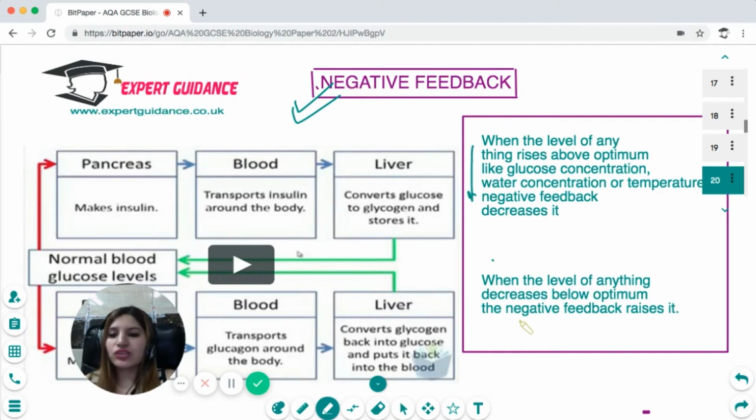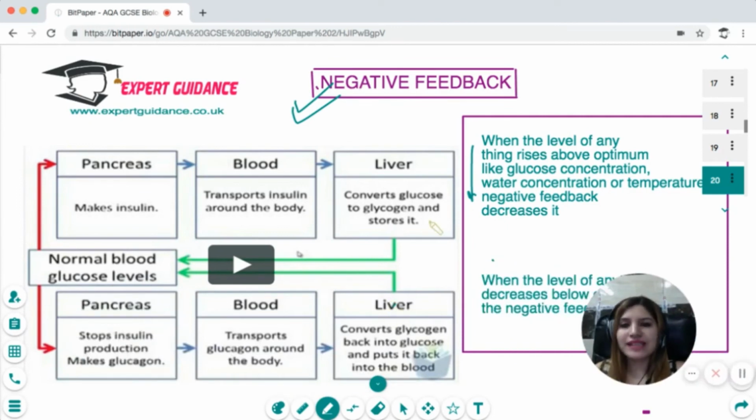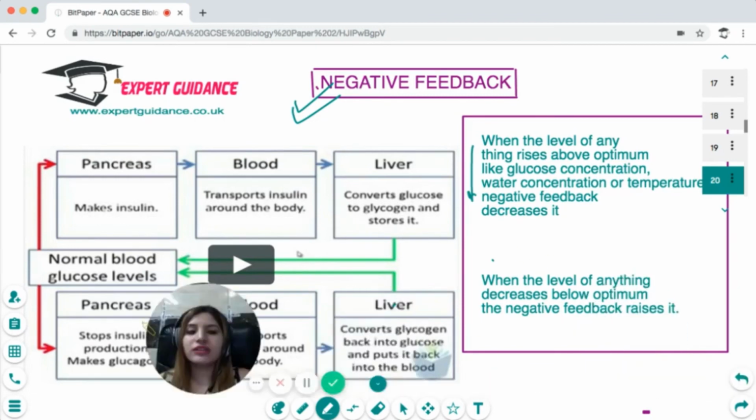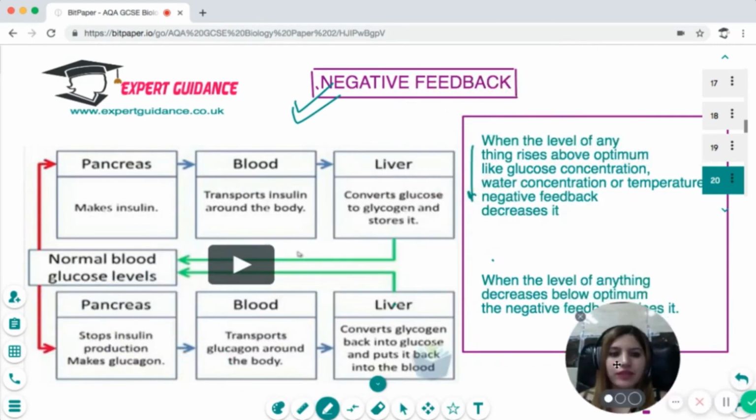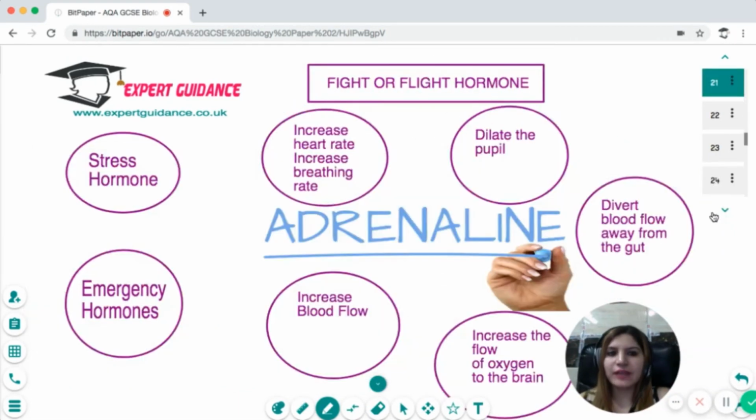So the body is always doing the opposite of what has happened, and this is known as negative feedback. For example, if the blood glucose level goes down, the body releases glucagon that increases the blood glucose level. If the blood glucose level goes up, the body releases insulin to decrease the blood glucose level. Okay, so I hope this example of negative feedback, and what negative feedback is, is clear to you.